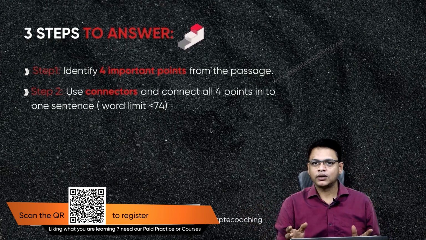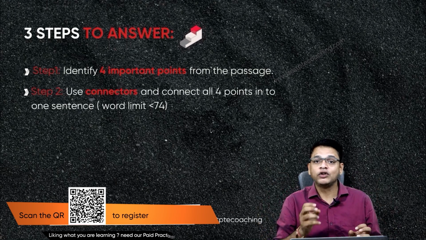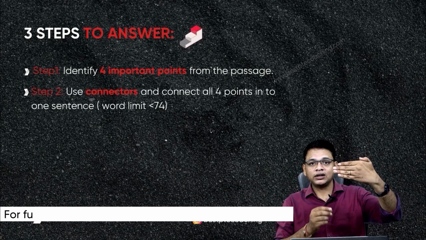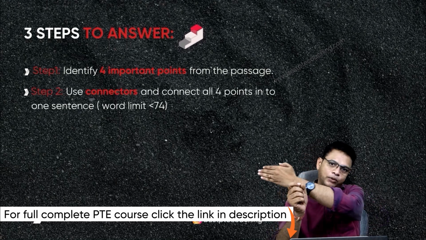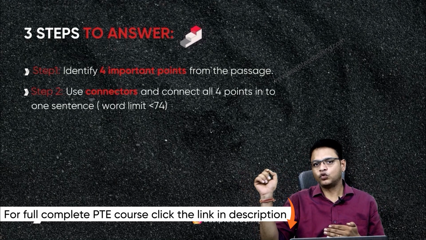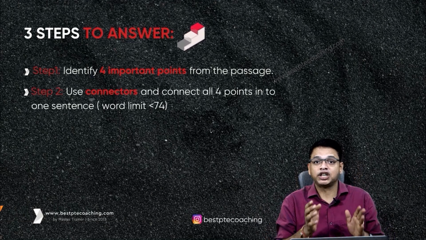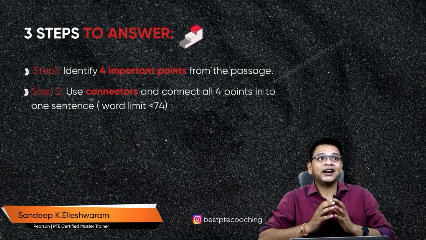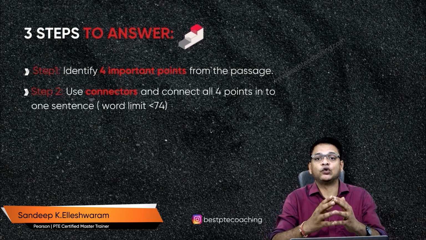So to combine 4 points, you will be using 3 connectors. Point 1, connector, point 2. Point 2, connector, point 3. Point 4, full stop. So you have to write the answer in 1 sentence as I mentioned earlier, and your answer should not exceed 74 words.